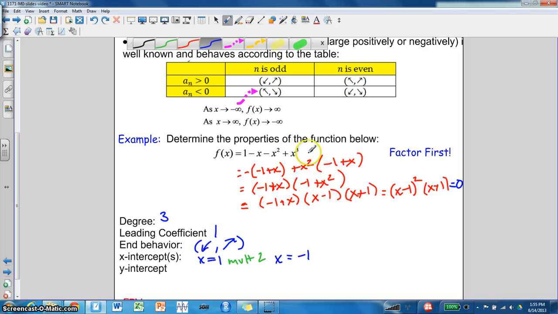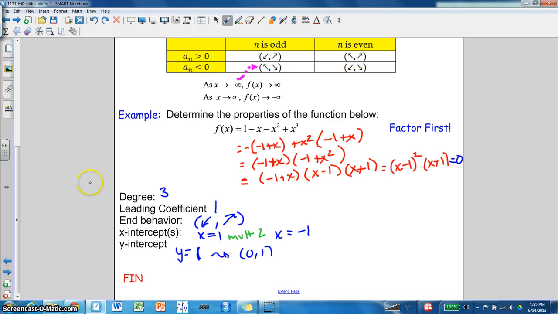Essentially, put in zeros for x's, and I'm going to get out y is going to equal just 1. And so really I should represent this as 0, 1 in coordinate form. And so that's just a brief review of polynomials. Stay tuned for examples of more functions.